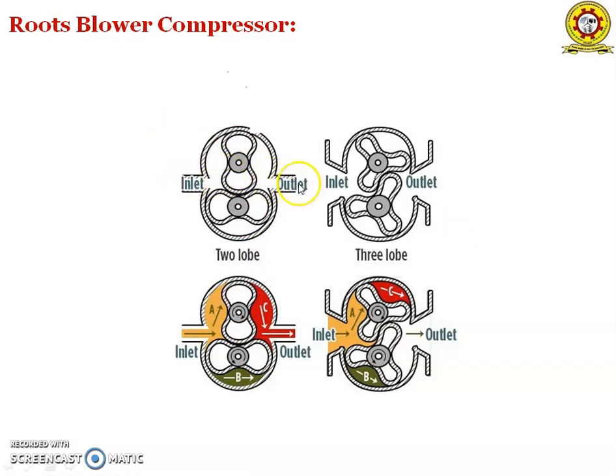Its action resembles that of the gear pump. There are many designs of the wheels, but they generally have two lobes or three lobes. These lobes are designed so that they provide an airtight joint at their point of contact. So this is the point of contact for the airtight joint.